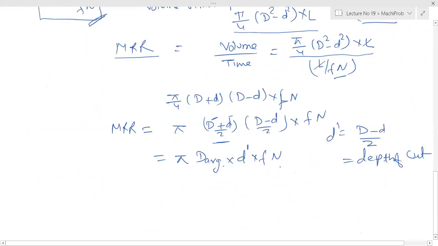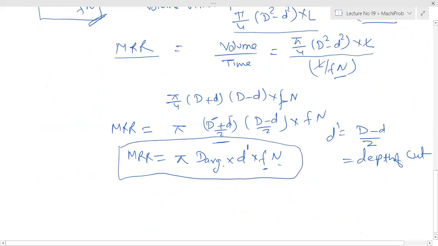and so I have written there d dash, and F is your feed, and the metal removal rate you can estimate from this, where pi is d average, or this is depth of cut. So depth of cut, feed, and RPM, you have to multiply to get the metal removal rate.